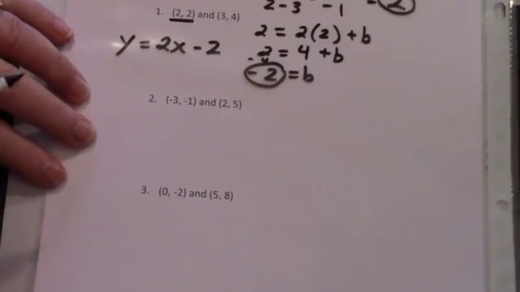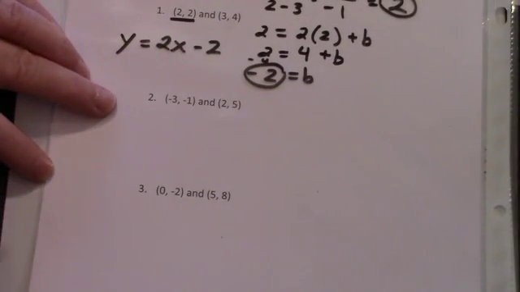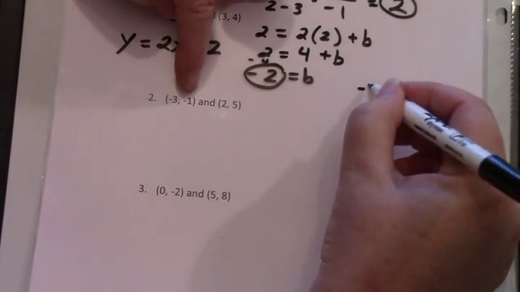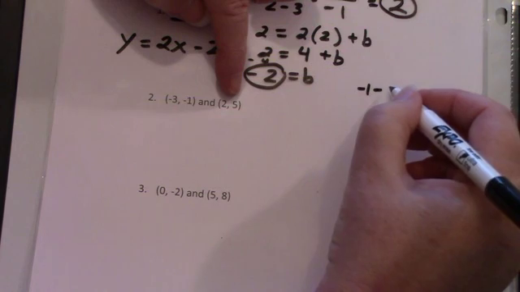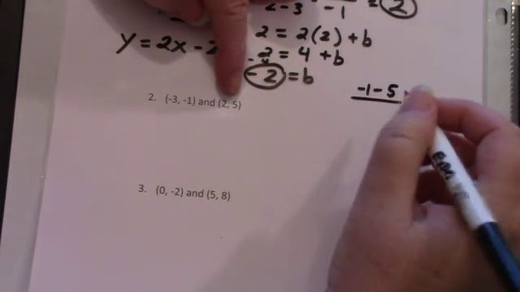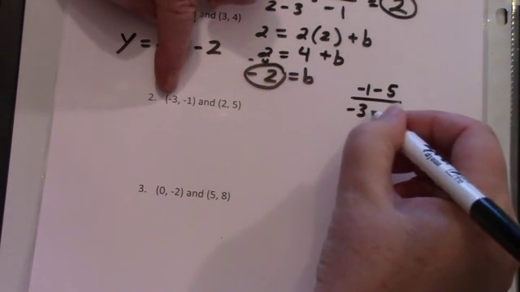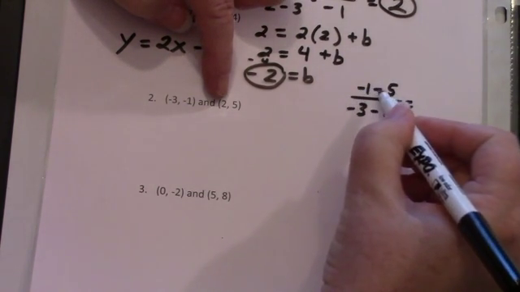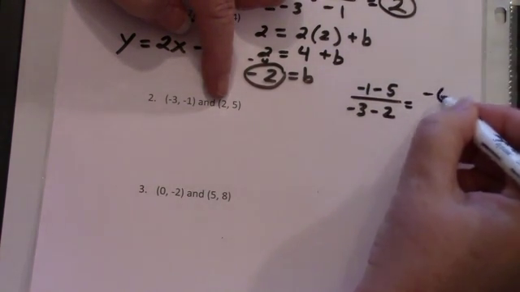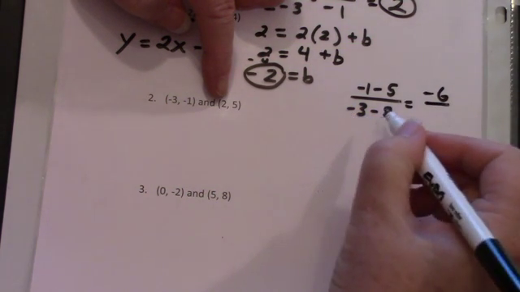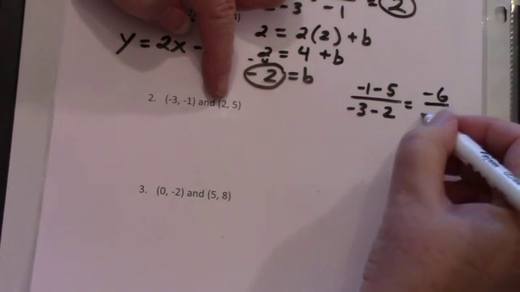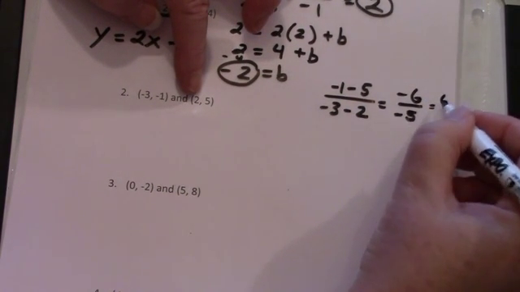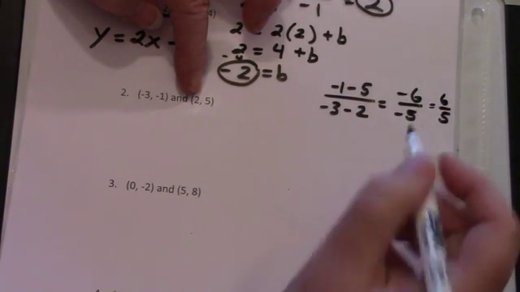Let's go through problem number 2. First, we have to find slope. y1 minus y2 over x1 minus x2. -1 minus 5 is -6. -3 minus 2 is -5. It cannot be reduced, but a negative divided by a negative gives us a positive. So here's our slope.